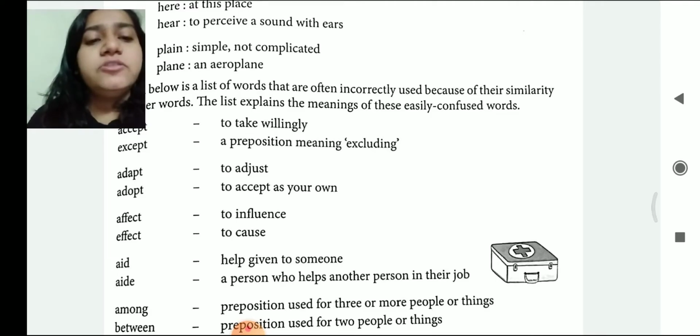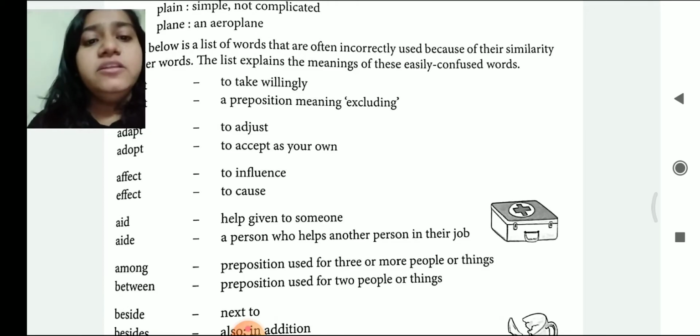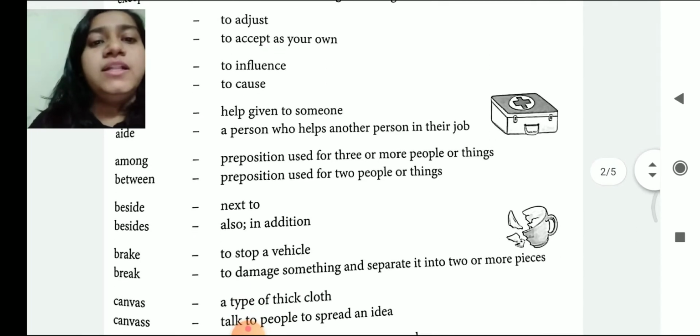Aid, that means help given to someone, and aide, that means a person who helps another person in their job. Among, the preposition used for three or more people or things, and between is what we use when there are only two people. Beside, that means next to, and besides, that means also.